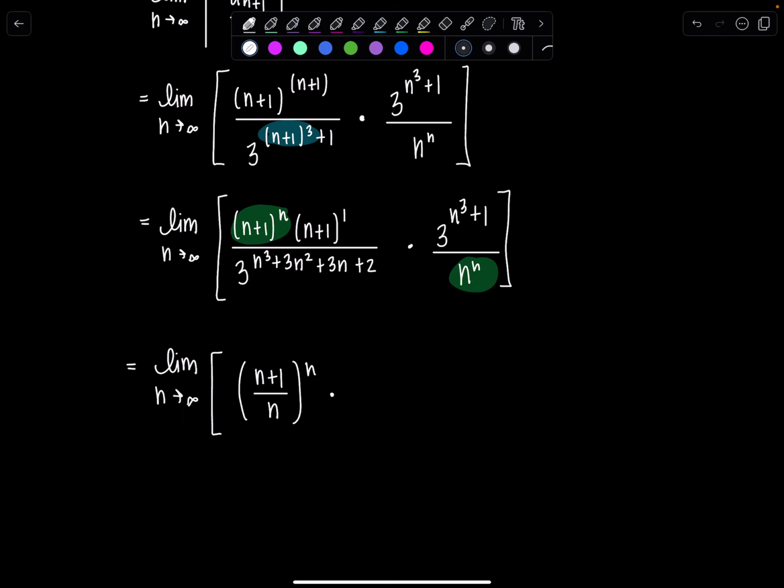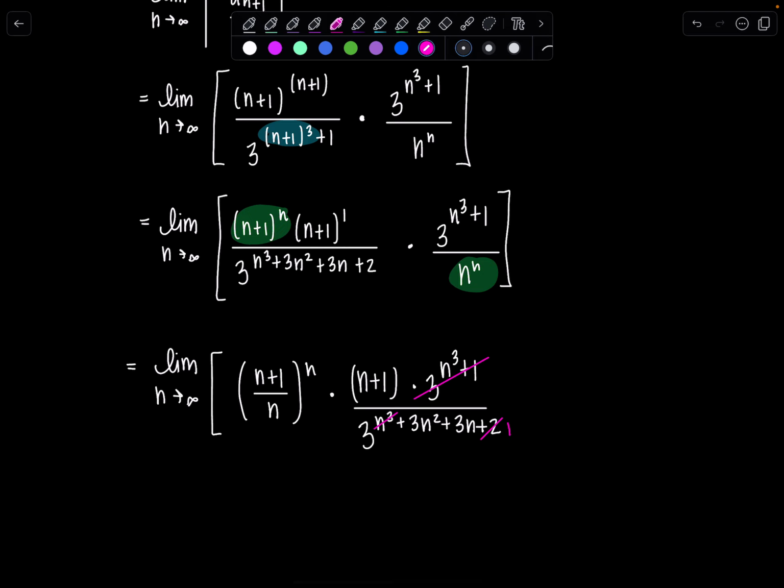Then I have another n plus 1 hanging out. Don't mind that term. And then we have 3 to the n cubed plus 1 over 3 to the n cubed plus 3n squared plus 3n plus 2. Now I can cancel out the entire numerator, 3 to the n cubed plus 1, and get rid of n cubed here, and this 2 becomes a 1.